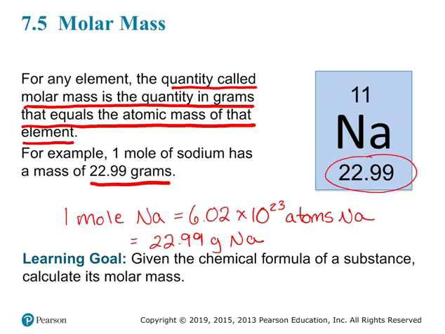So remember, a long time ago we talked about isotopes and how some elements have atoms with different numbers of neutrons. So when we look at the mass on the periodic table, that's an average mass of all of the isotopes of that element. And previously, we were using the unit atomic mass unit, but now we're going to look at grams and moles.